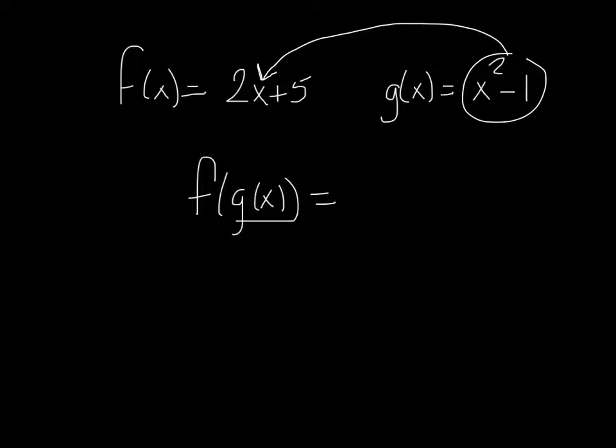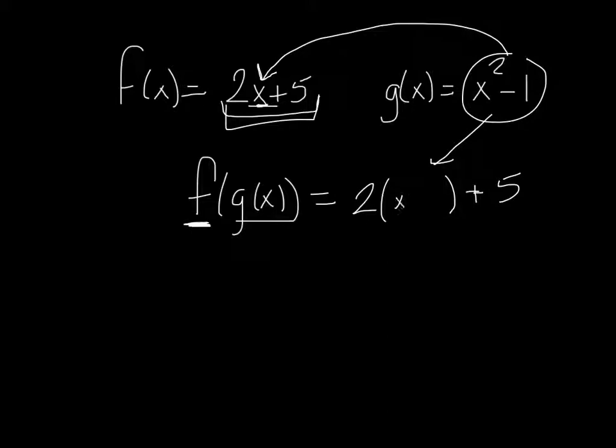So what I'll do is I'll look at the outside function here, f of x, and I'm going to write it down, only instead of x I'm going to put a bubble, because remember I'm going to replace that with g of x. So I'm putting a bubble so that I have room for it. So it's still the same thing here, only instead of x I put a bubble. Now in that bubble I'm going to put x squared minus 1.